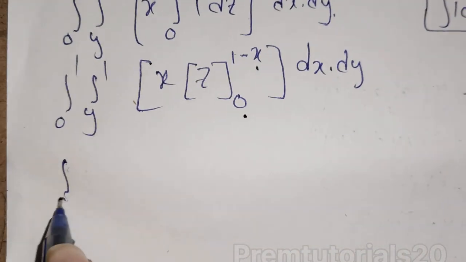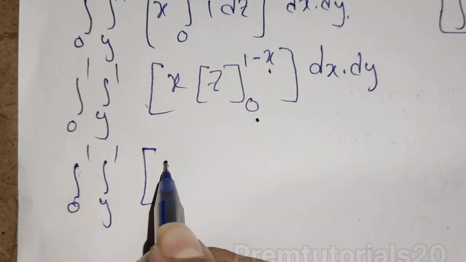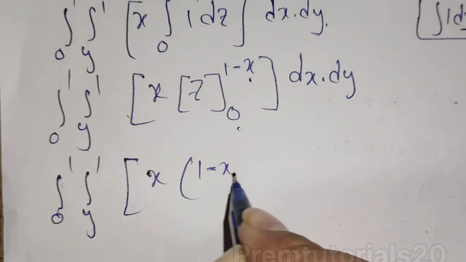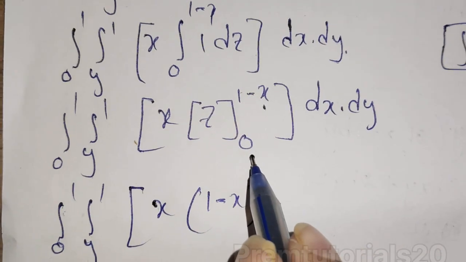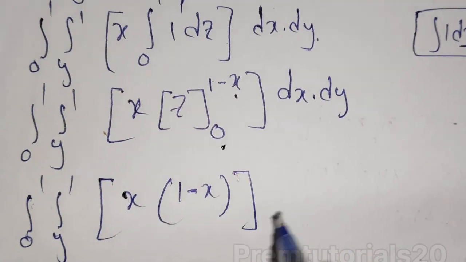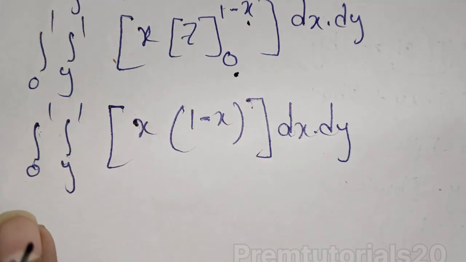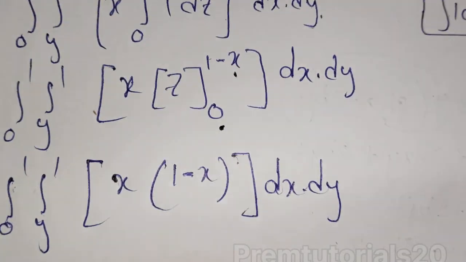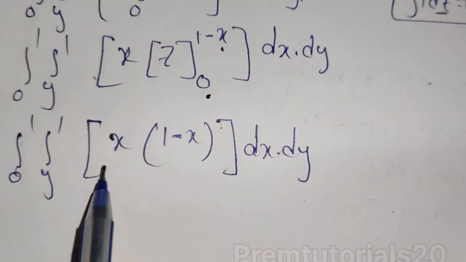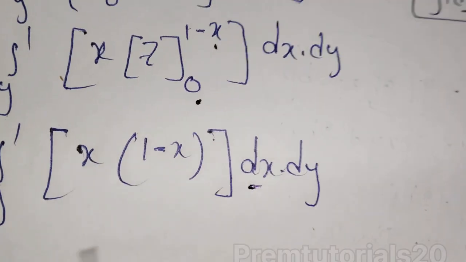So it is written as 0 to 1 and y to 1, x into the upper limit value 1 minus x, minus the lower limit value 0, so 1 minus 0, dx into dy. So these two are constant for a while. After solving x into 1 minus x, we get some value in the equation of x square values. After that we go with dx.